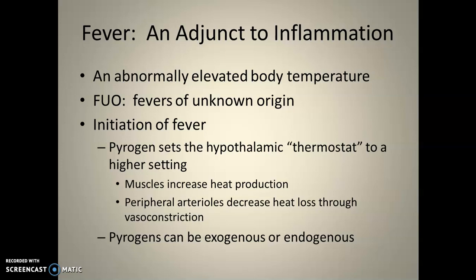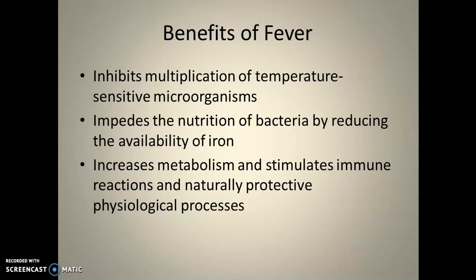The increase in your body temperature is done in a couple different ways. It increases the muscle production, or the heat production by your muscles. So when you're shivering, right, that is actually producing heat. But it also is going to cause a vasoconstriction, so it pulls your blood vessels away from the outside of your body to prevent heat loss, right? So that's what allows your temperature to go up.